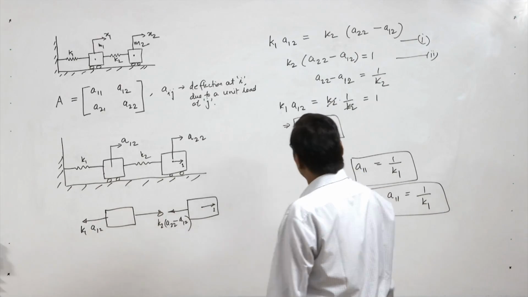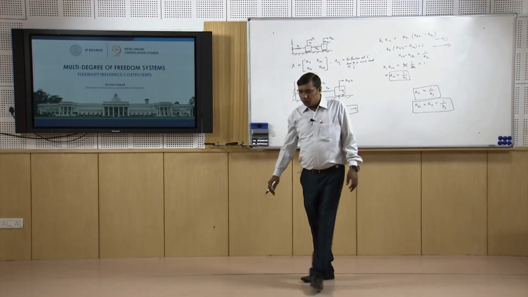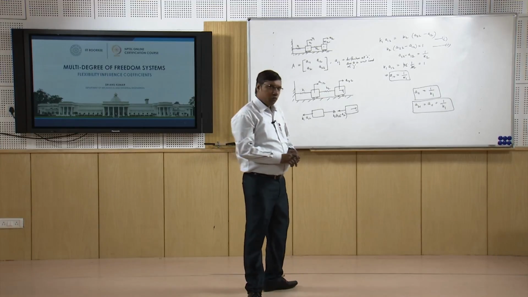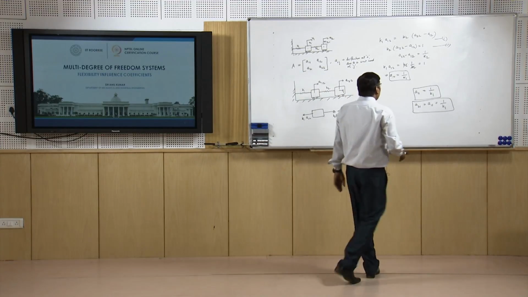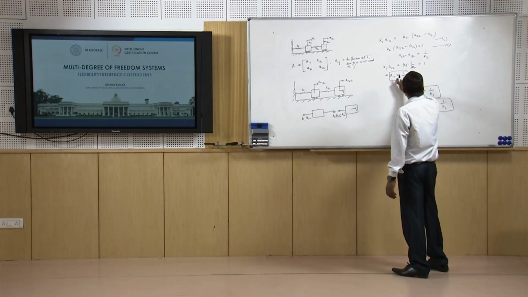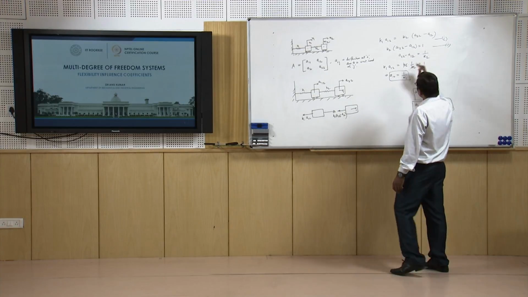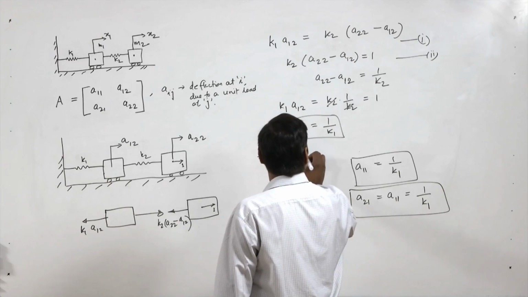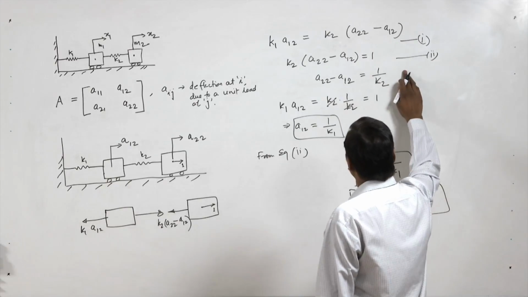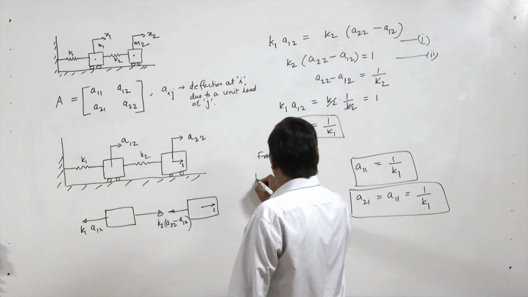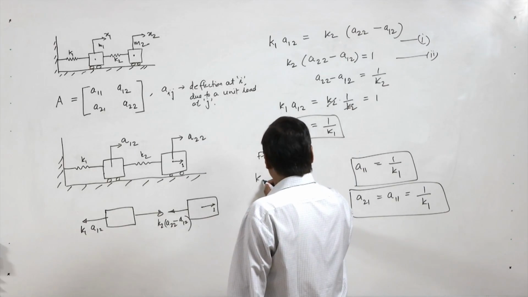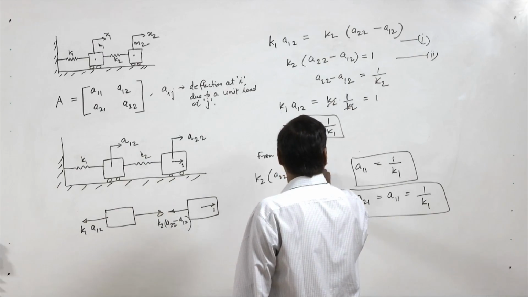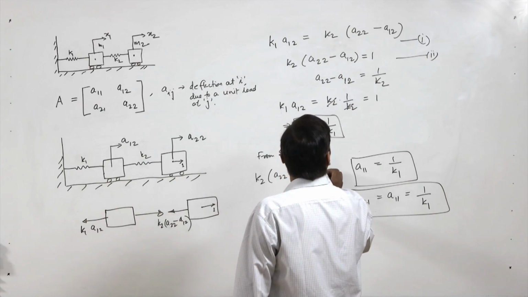So we have got this influence coefficient A12, when a unit load is applied at 2 and we are measuring deflection at 1. Now we put the value of A12 in equation number 2. So from equation 2, K2 (A22 minus 1 by K1) equal to 1.